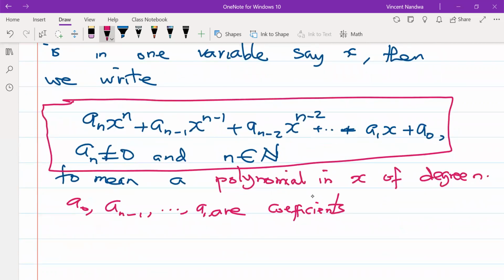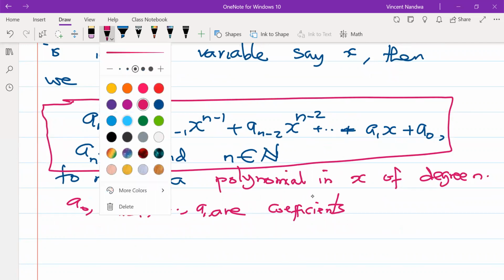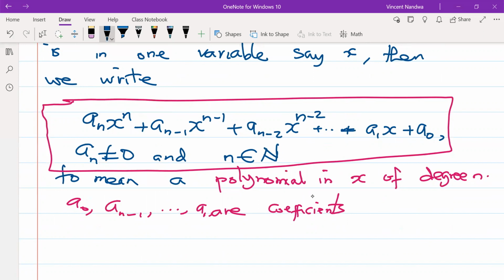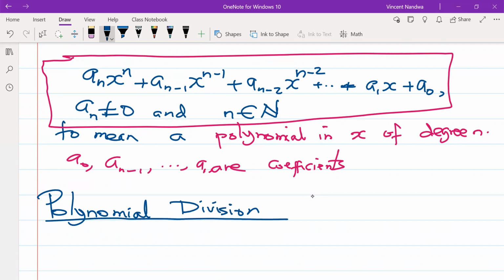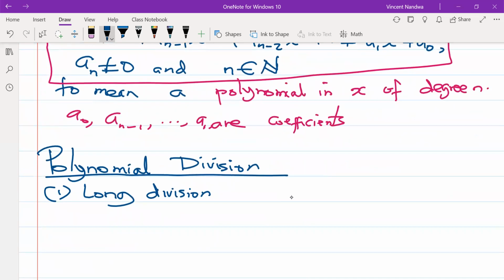So let's see how we do polynomial division. What we have been doing were just appetizers. Let's see now how we carry out polynomial division for polynomials which only involve one variable. There are two types of divisions. One is what we call long division, and number two is what we call synthetic division.